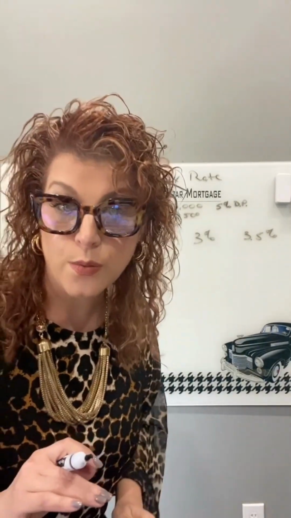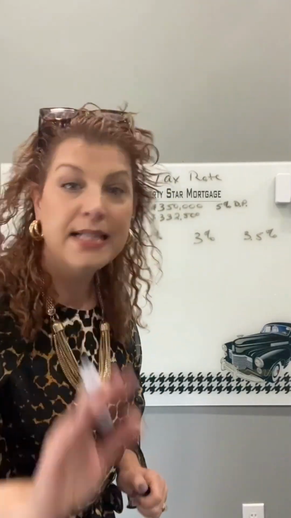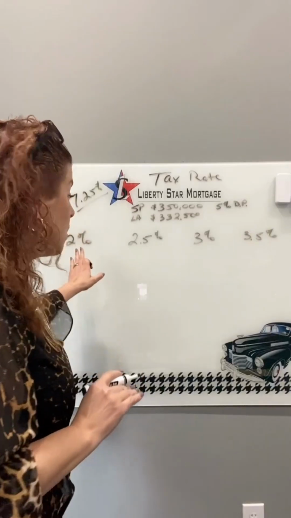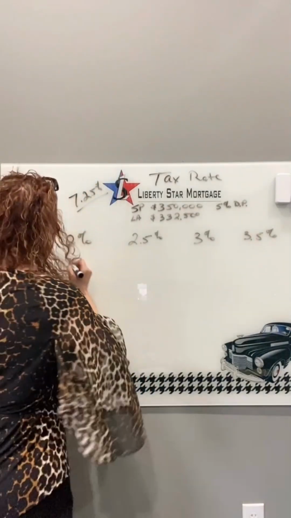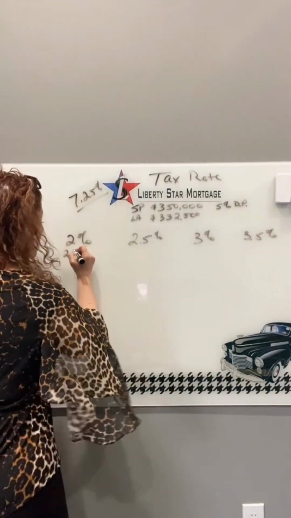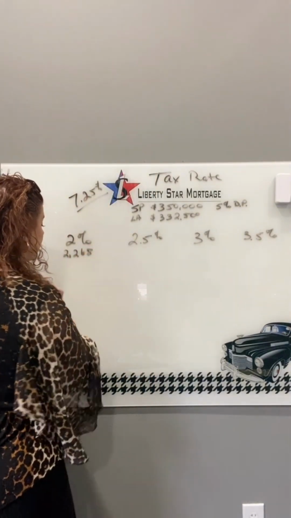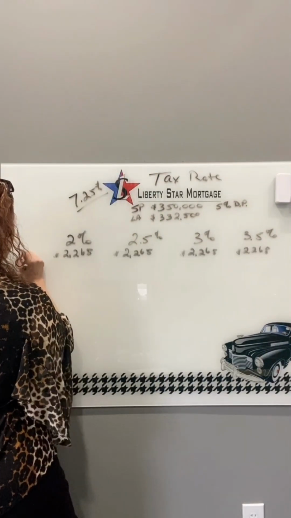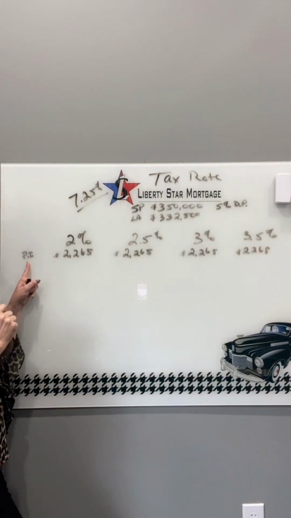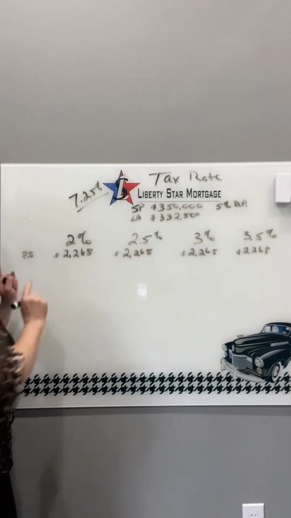We're going to assume a 7.25% interest rate. So here, your principal and interest all the way across the board, I wrote that down, $2,268. PI means principal and interest.